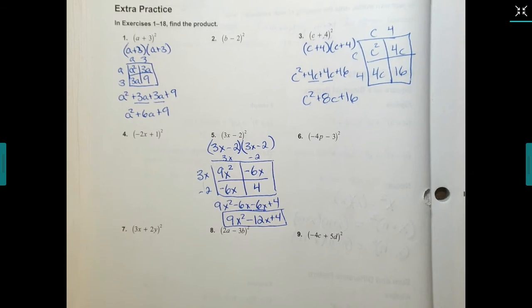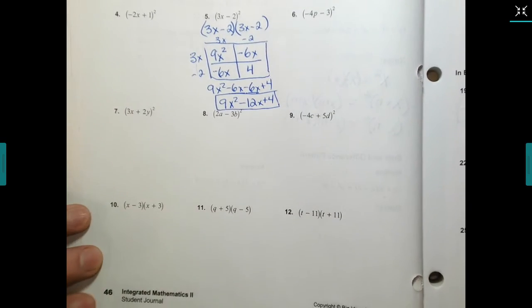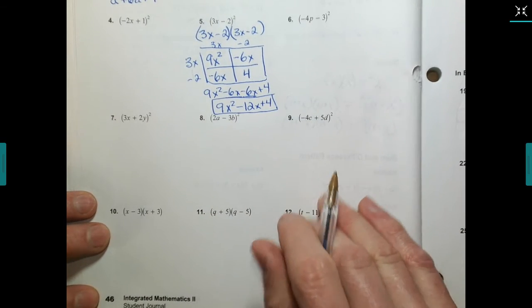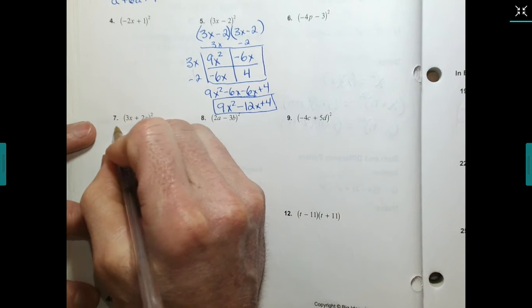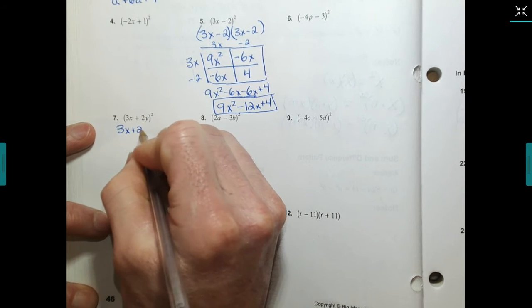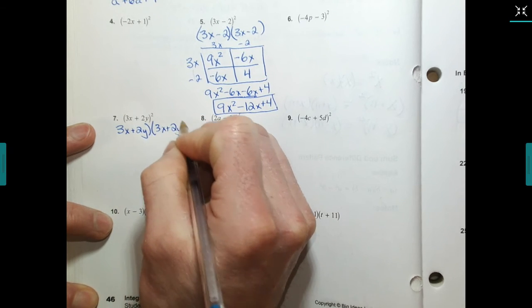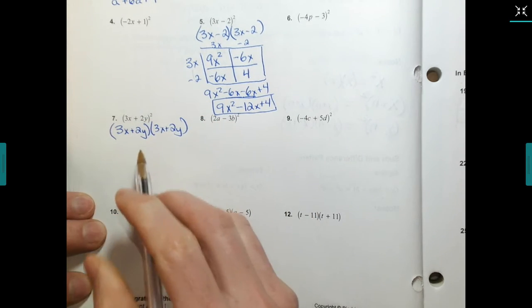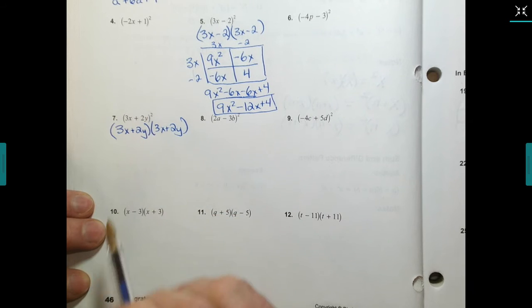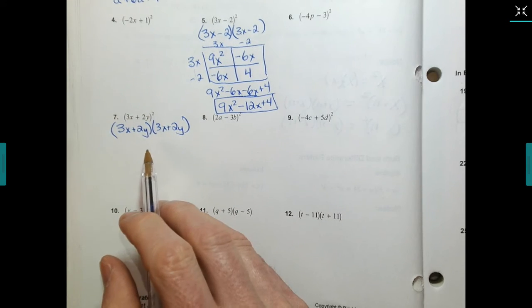Okay. See if you see any patterns. All right, first step. I'm going to write it out. If you write it out, chances are you're not going to end up trying to distribute the 2 through. So write out the whole thing.